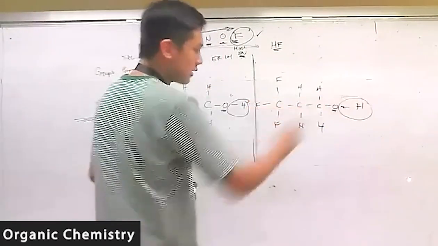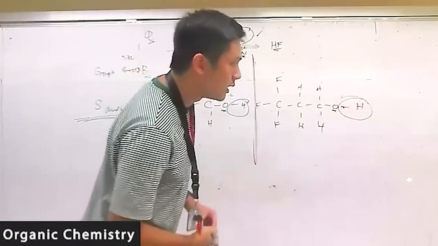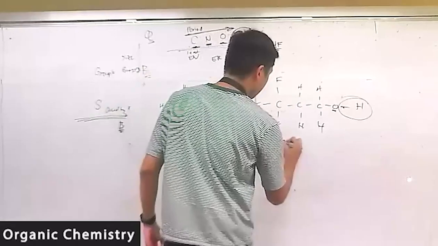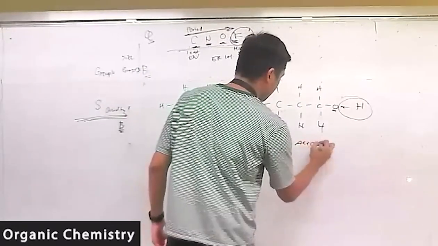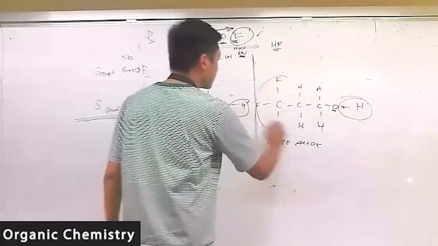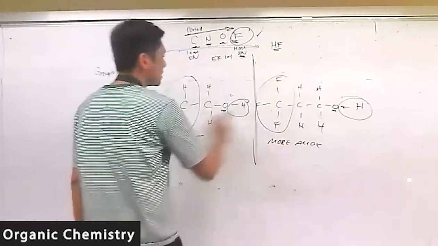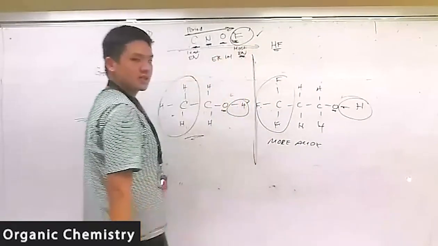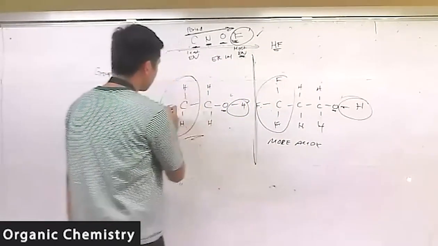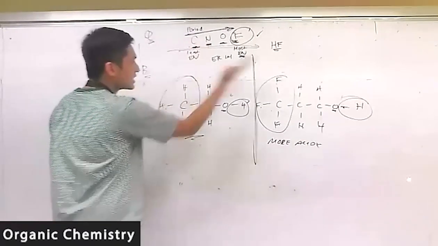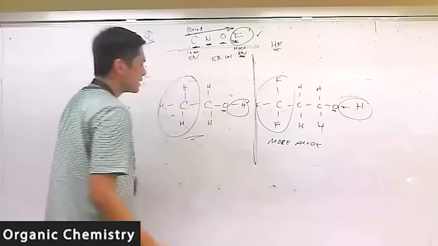But in the data, we see that the trifluoroethanol is more acidic than this. Why is that? So where is the difference? The difference lies here. If you notice here, we have three F. F, we know, is electronegative. In here, we have three H. H is even less electronegative than your C.